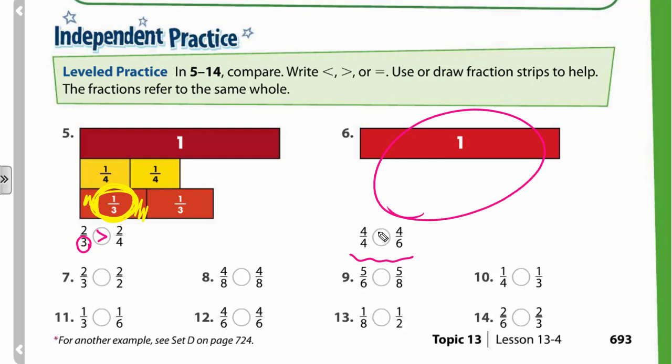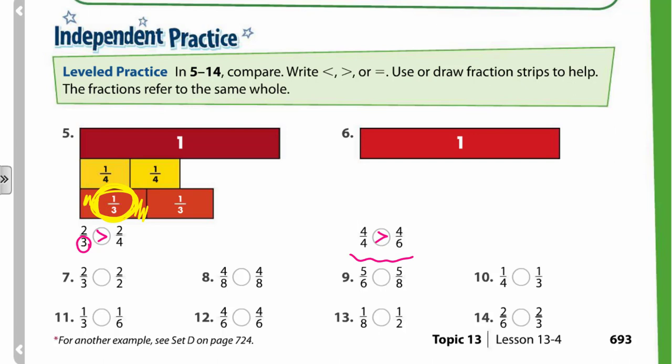We have a space here. Okay. So let's do it. You want to solve it first or draw first, as you wish. Okay, solve first. Greater than or less than? Which one is bigger? 4/4 or 4/6? 4/4. Okay. Let's draw it to make sure that your answer is correct.